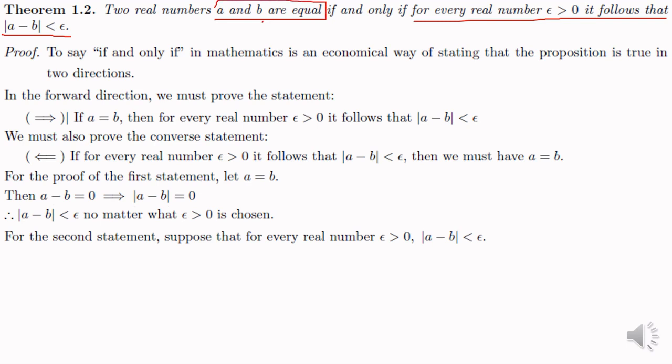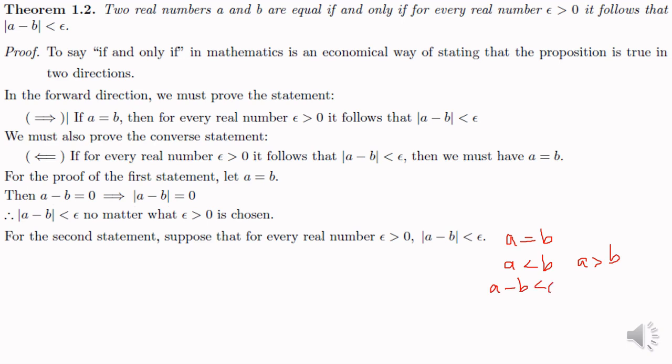That means A equal to B. As a contradiction, we will assume that A not equal to B. If A not equal to B, then either A is less than B or A is greater than B. If A is less than B, then A minus B is less than 0. And if A is greater than B, then A minus B is greater than 0. So in either case, modulus of A minus B will be greater than 0.